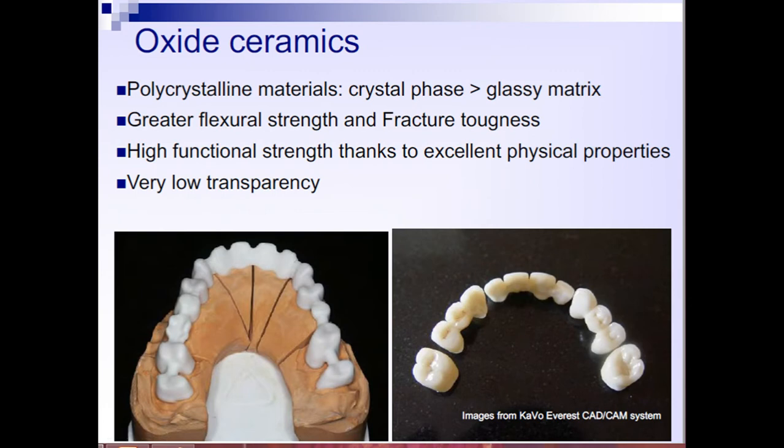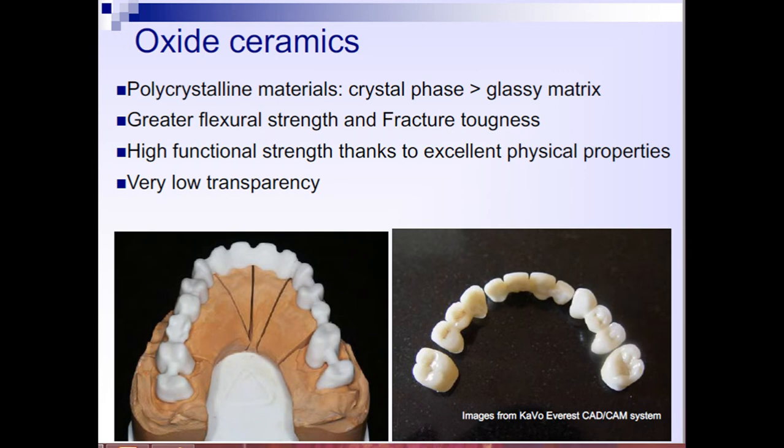So in these oxide ceramics, the reason we have this category of ceramics is that we can form them into long span bridges, as you have seen here. They have better flexural strength, because earlier, in the general properties of ceramics, we have seen that ceramics have less flexural strength, less tensile strength, and less shear strength. All these things are negatives for ceramic materials, so they cannot be formed into long span bridges.